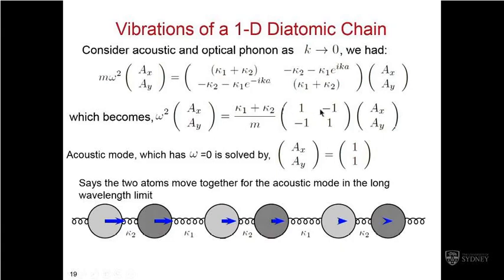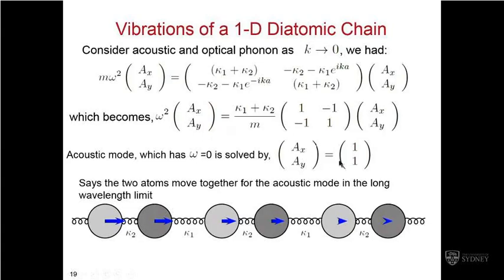And you can see that you'll get a solution when ax and ay are both equal to 1. That is, if you substitute ax and ay to be 1 and 1, this will hold. So these are the solutions.